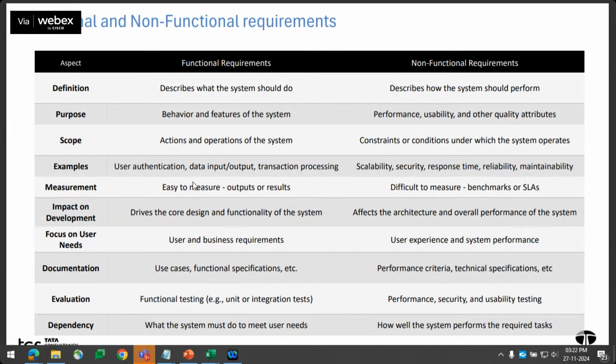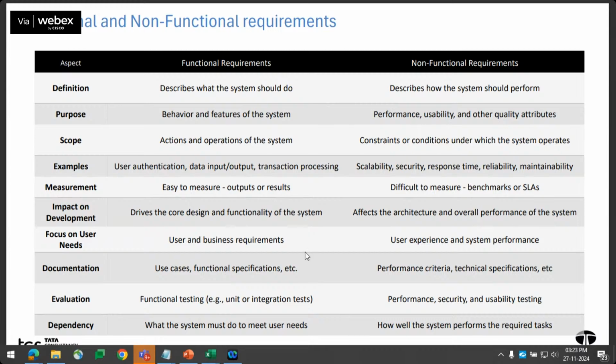And it's easier to measure the functional requirements because we know what is the input specified by the end user and what is expected when that happens, because that has been clearly defined as the functional requirements on what the application should perform. But in the case of non-functional, there are various things which cannot be defined and which improve over time.